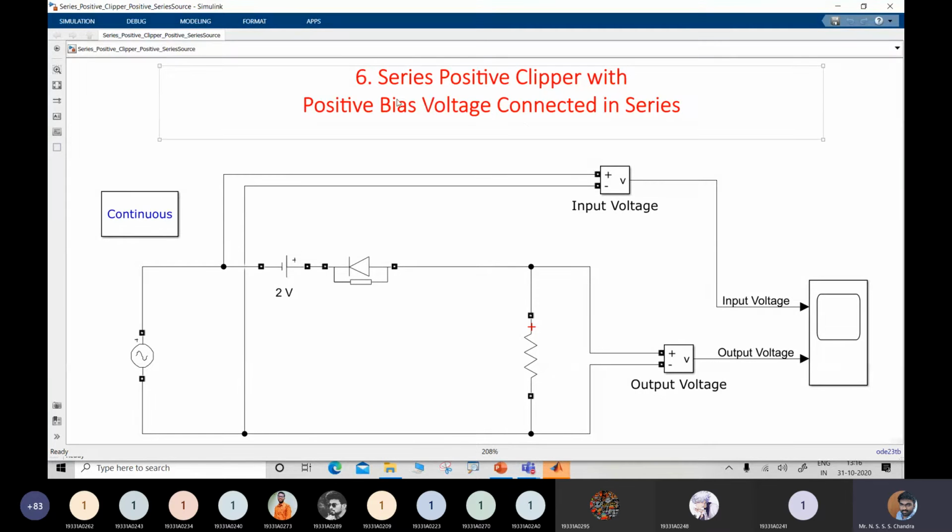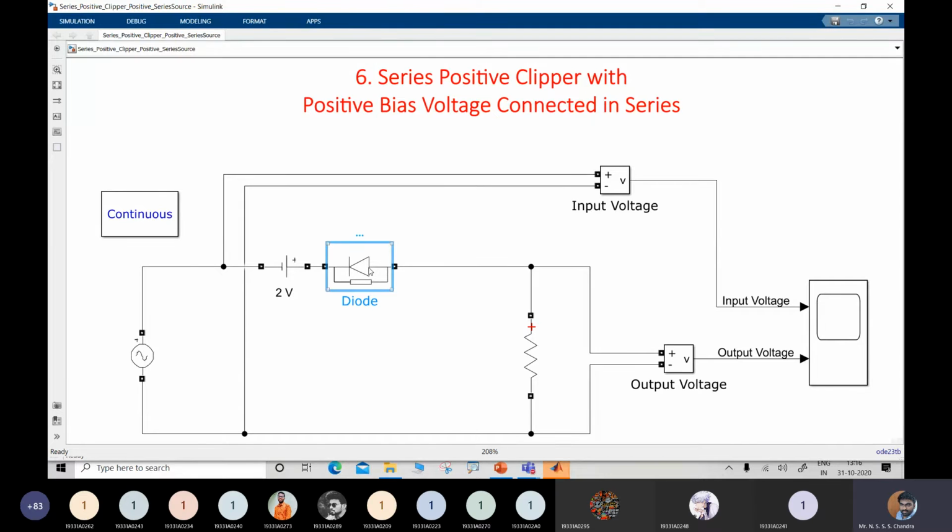So this is a series positive clipper with a positive bias voltage connected in series. I have connected a 2 volts battery in series with the source voltage. Okay, this is a positive bias voltage, because we are increasing the input voltage by 2 volts.